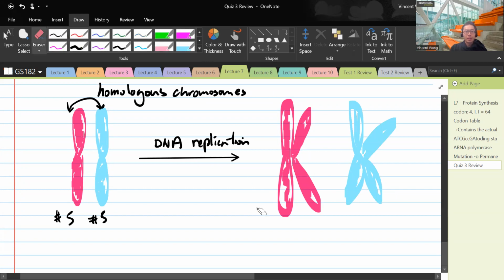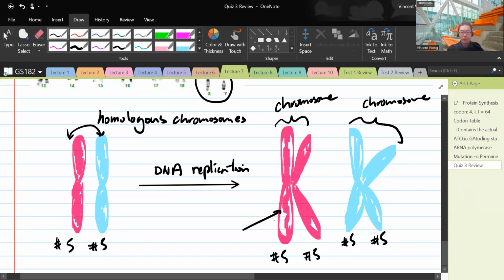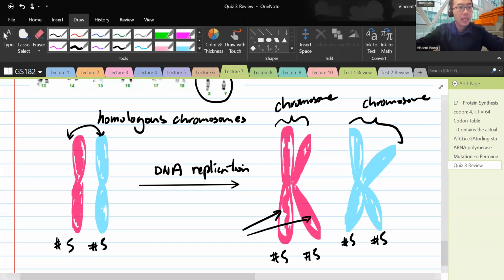So this is number 5, also number 5. But this is still considered one chromosome, right? And then here is another chromosome. Now these are identical. This one and this one are exactly the same in terms of genetic material.